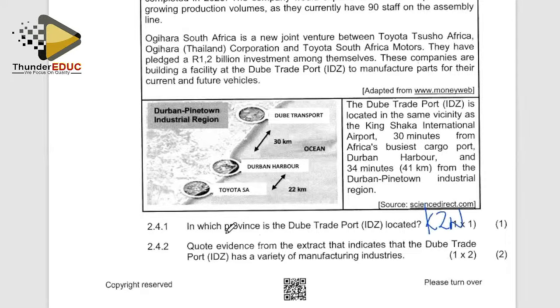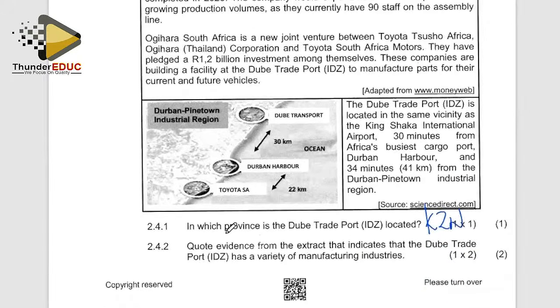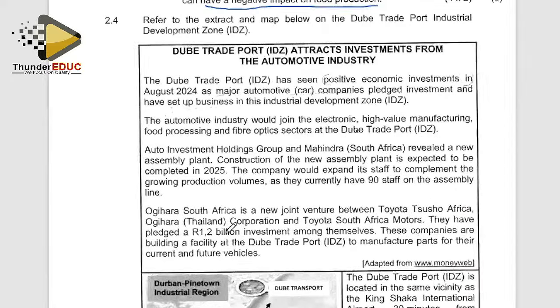Quote evidence from the extract that indicates that the Dube Trade Port has a variety of manufacturing activities. This is an extraction question. It says in the second paragraph, the automotive industry would join the electronic, high-value manufacturing, food processing, and fiber optic sectors at the Dube Trade Port.